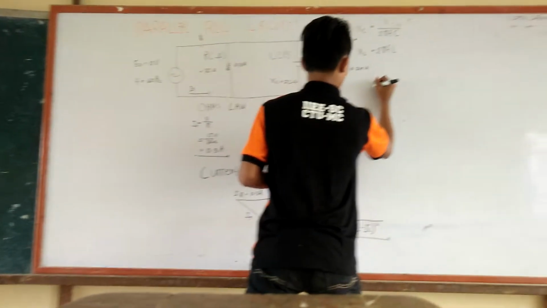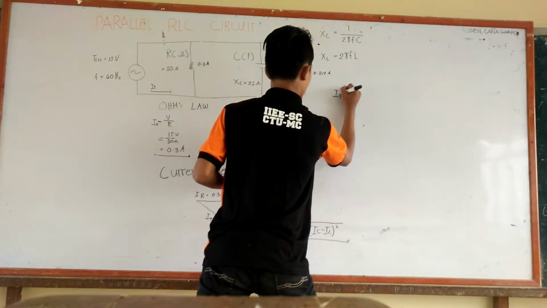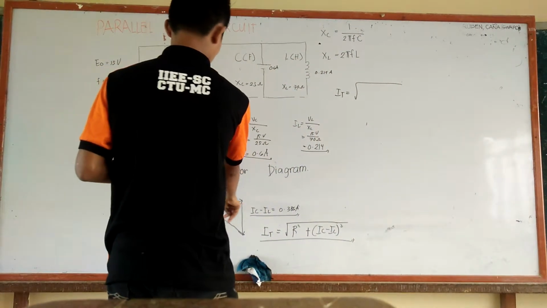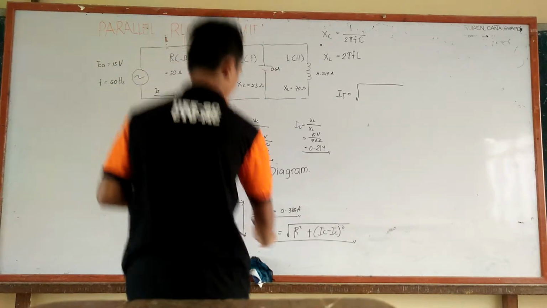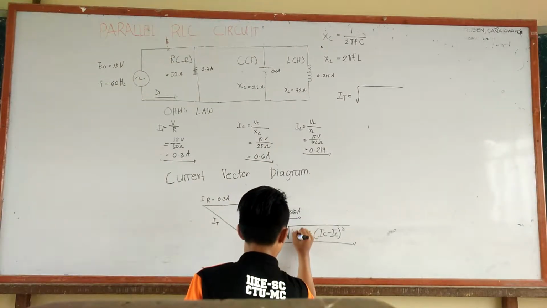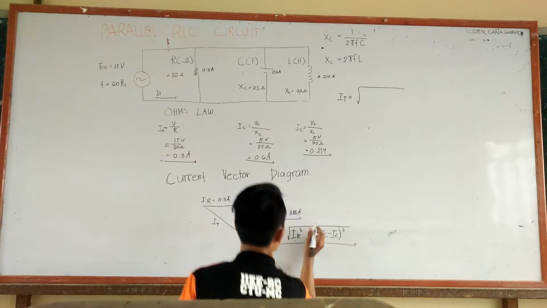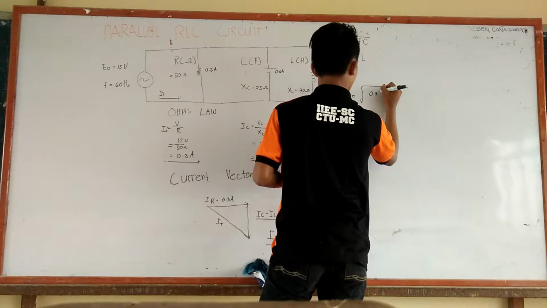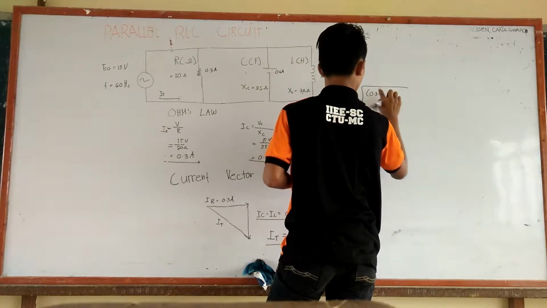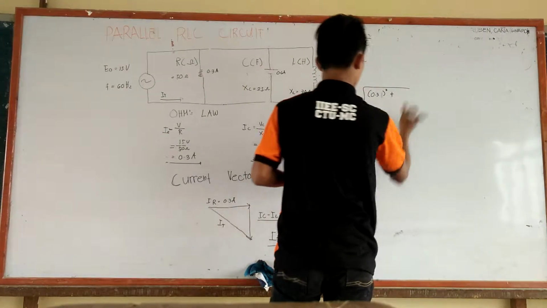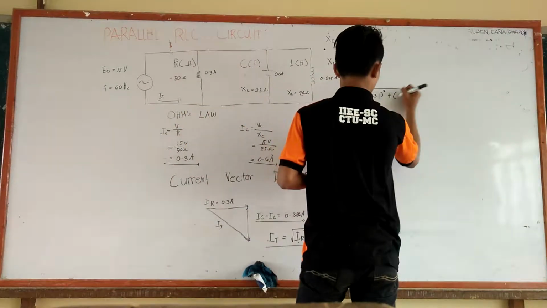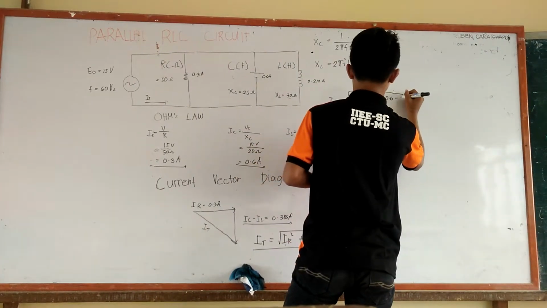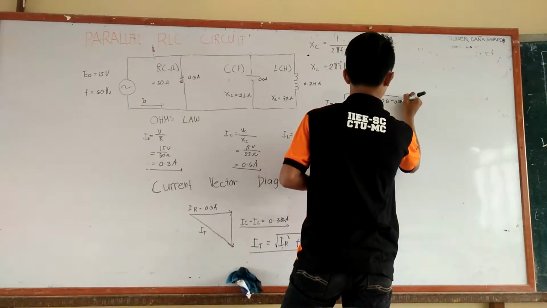So we substitute. IR is 0.3 amperes squared, plus the value of our IC, which is 0.6, minus the value of our inductor, 0.214, squared.